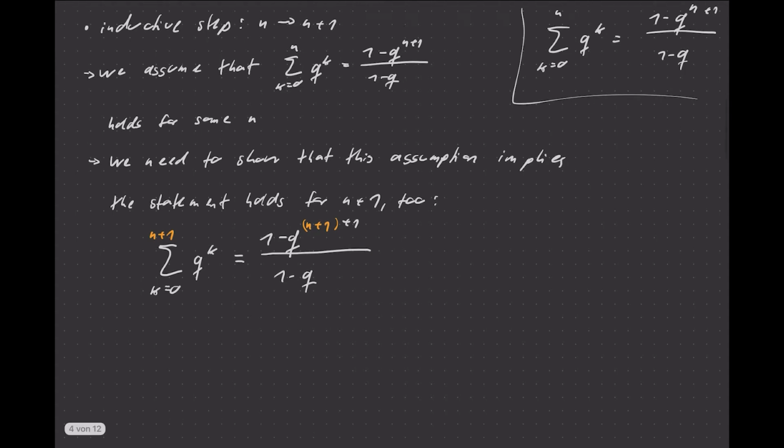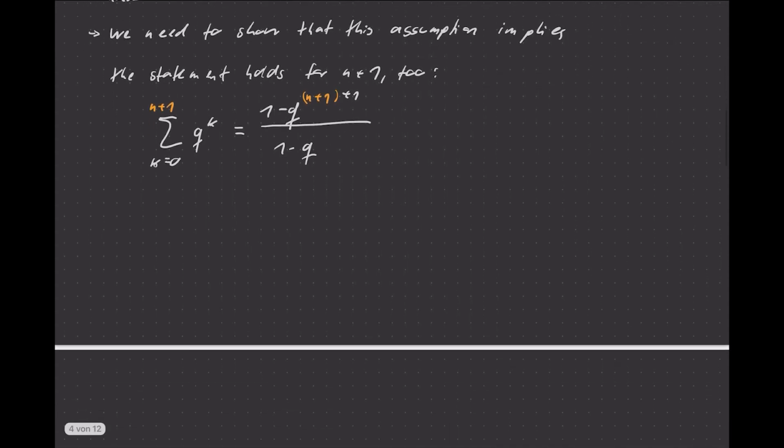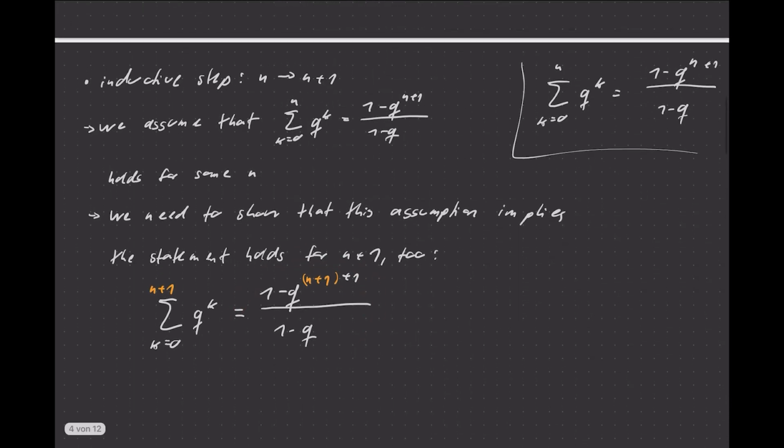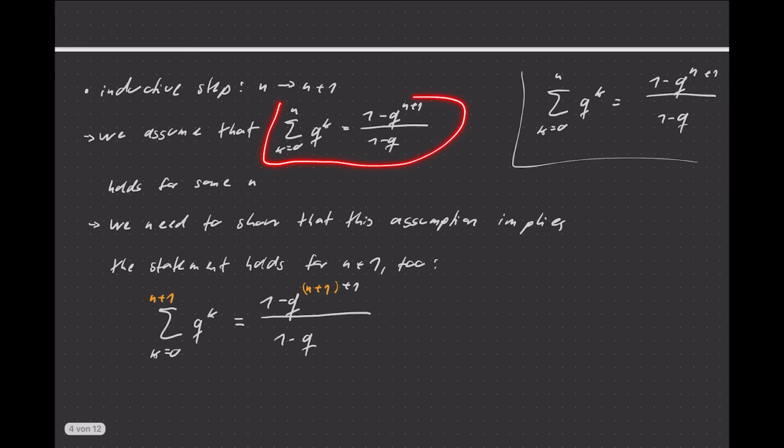Of course, the first step here is to start with the left-hand side. So we take this left-hand side here, and we try to reformulate it in a way that yields this right-hand side, and we need to somehow make use of this statement here.